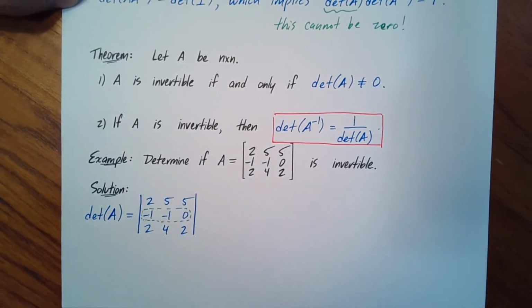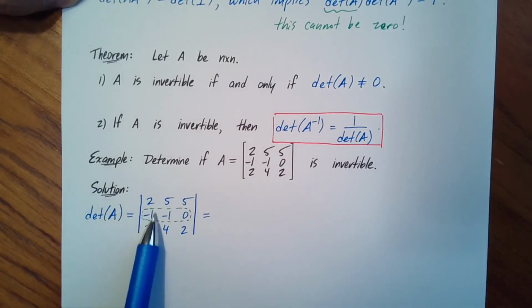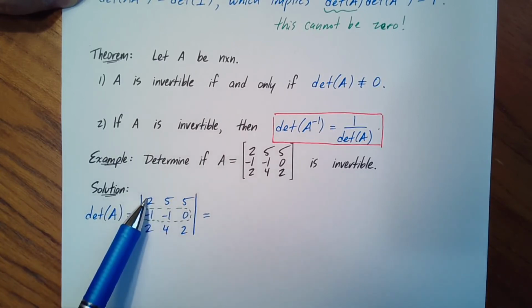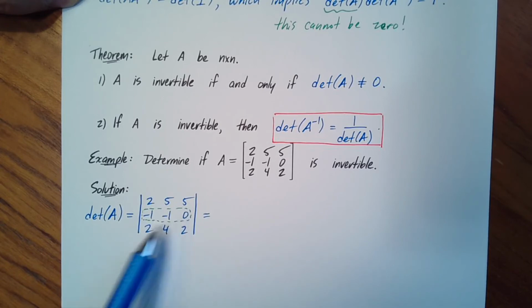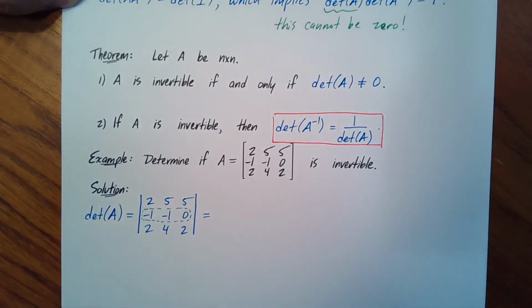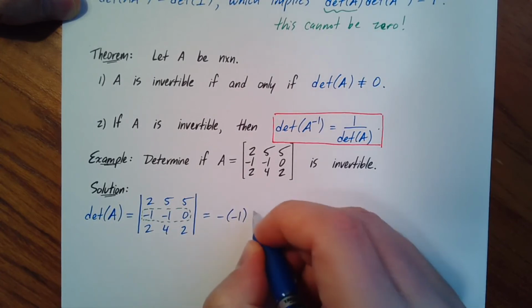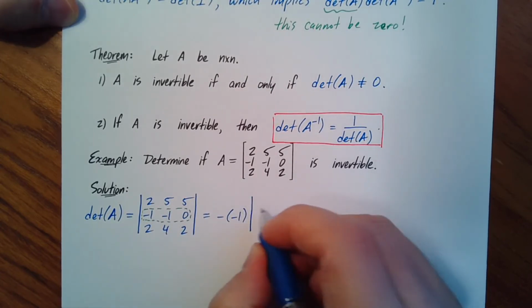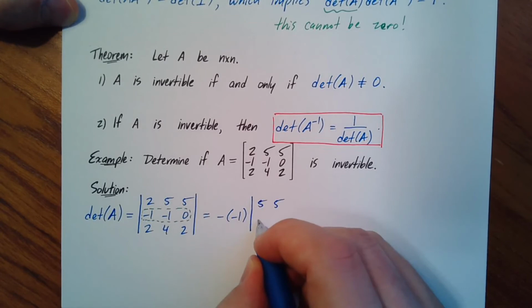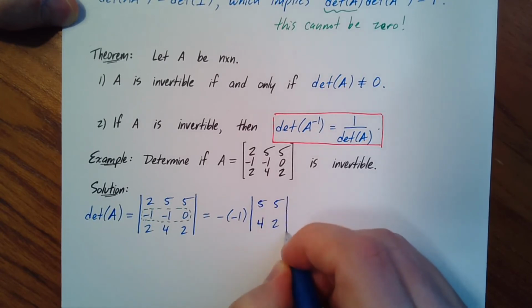but I'm going to do the second row. So the sign of this entry, or this position, is a negative, right? If I start at the top left corner and go positive, negative, positive, negative, that's how I can work out the signs in this row. So I'm going to have negative, -1 times this 2×2 determinant given by 5, 5, 4, 2.